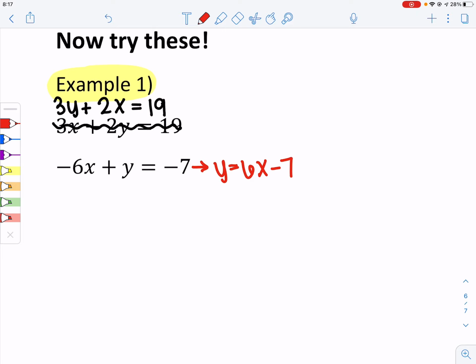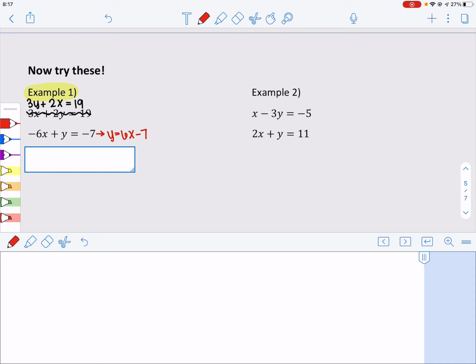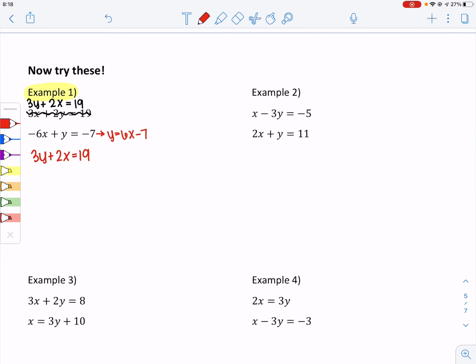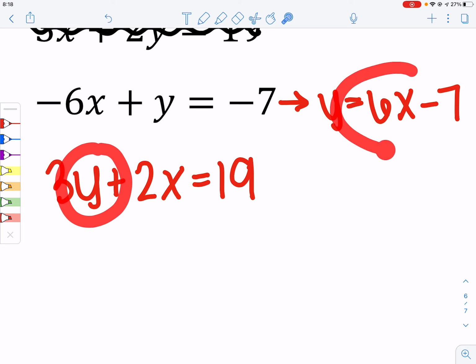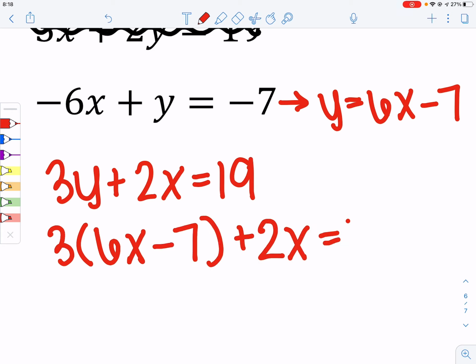All right, so when you solve for x, let's show all of the work to get x. The equation I'm using is 3y plus 2x equals 19. In place of y right here, I'm using 6x minus 7. So I have 3 parentheses, 6x minus 7, plus 2x equals 19. I need to distribute.